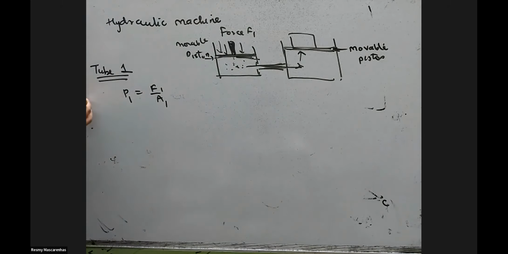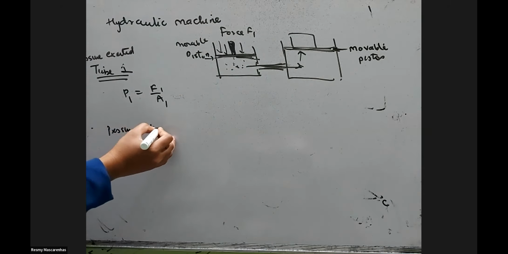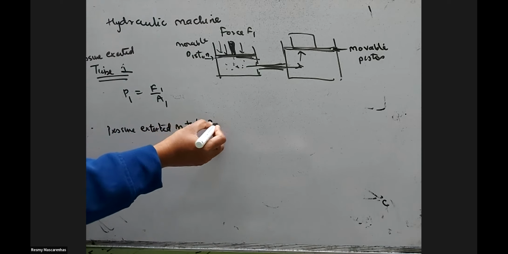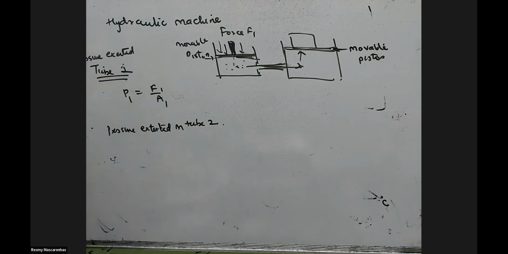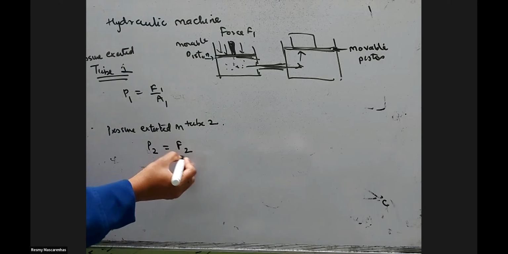So this is pressure exerted on tube 1. Same way, pressure exerted on tube 2 will be what? P2 equals F2 upon A2.